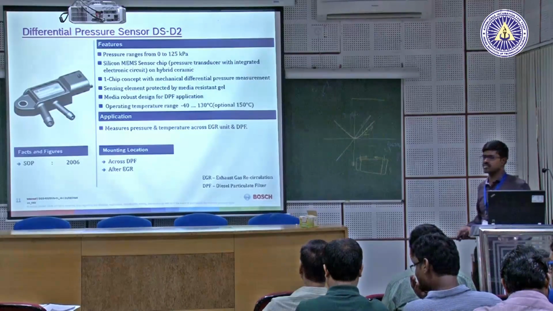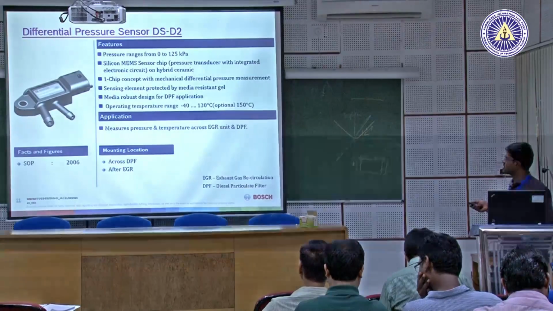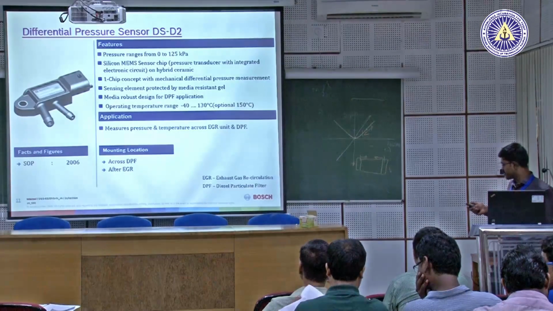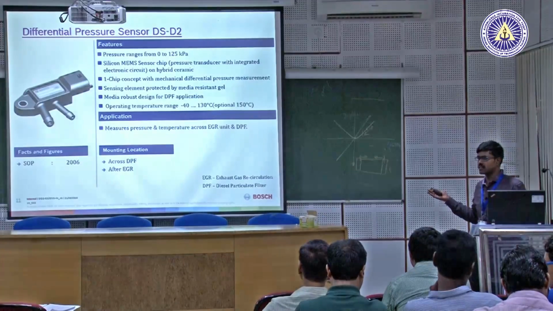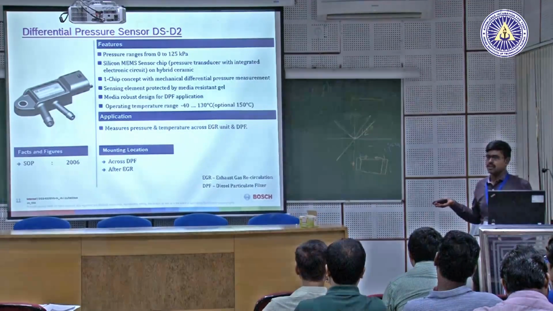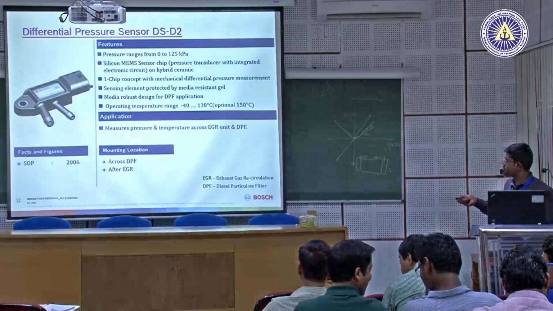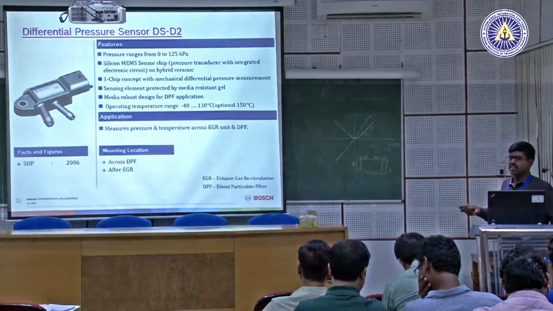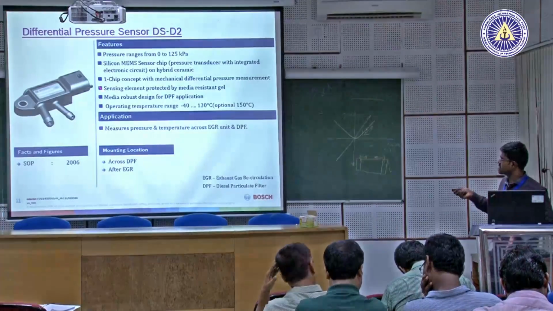Then the differential pressure sensor. The same principle is applied here, but the Wheatstone bridge is placed with one reference at absolute vacuum, while here we are giving two different pressure zones. The difference in the pressures is calculated by this sensor.